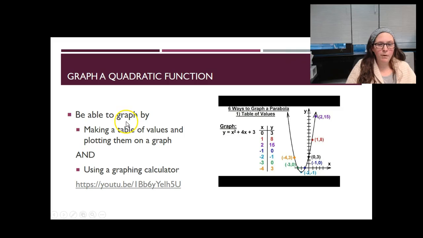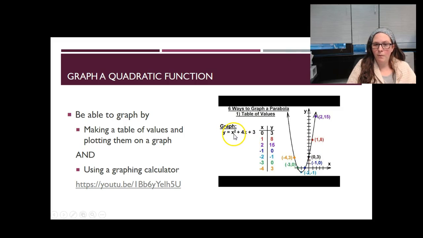Additionally, when you're going through, it is important that you can make a graph by creating a table of values and plotting them on a graph. Remember, when you're dealing with parabolas, you must use positive numbers, negative numbers, and 0, because you have to find those turning points of that graph. So you can see the example here.